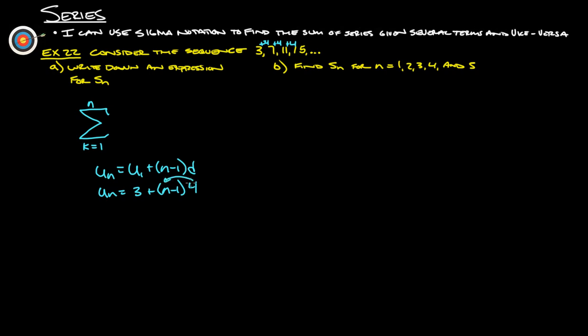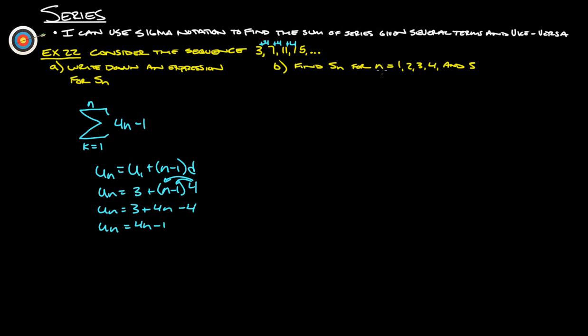And now we're just going to want to simplify this thing. So we got u sub n equals 3 plus 4n minus 4. So our general term here is going to be 4n, 3 minus 4 is negative 1, so we're going to do 4n minus 1, and this is our expression for s of n. Okay?